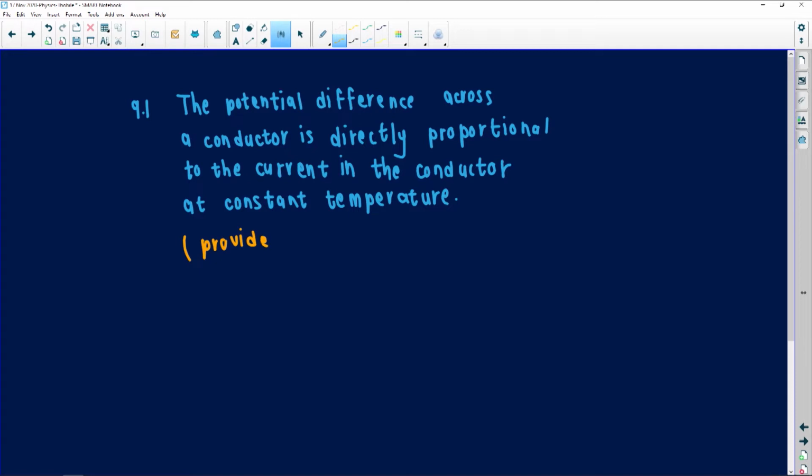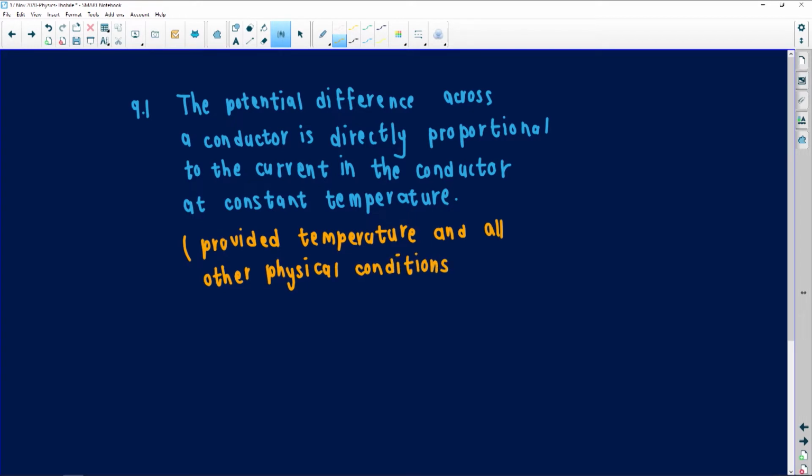So any memo will have either or: provided the temperature and all other physical conditions are constant. So this is then what you should have for Ohm's law.